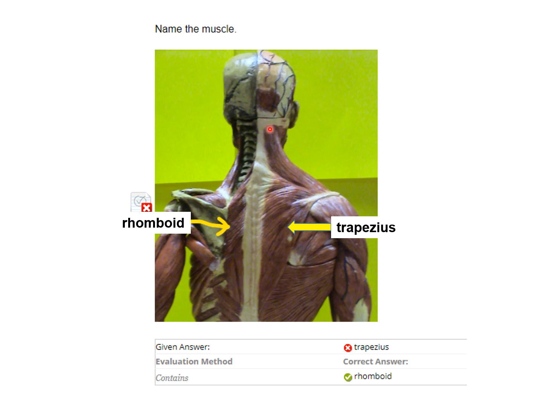It has an origin here, and insertions here and along here. So don't confuse the trapezius with the rhomboids, because if you made this mistake on the quiz, you'll turn around and make the same mistake on the practical, okay?